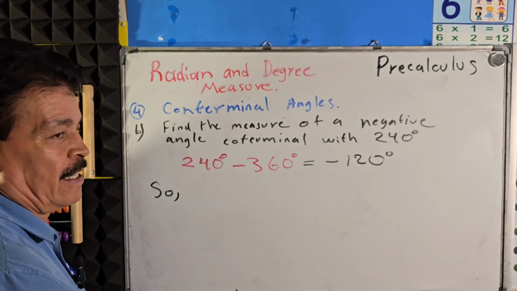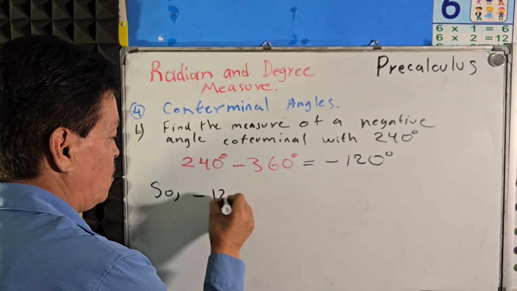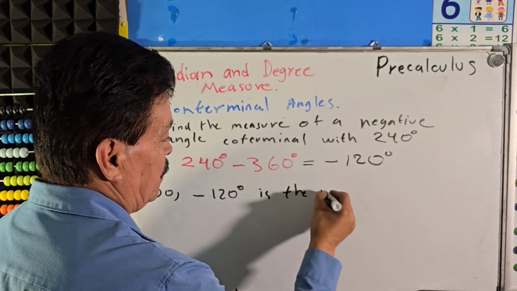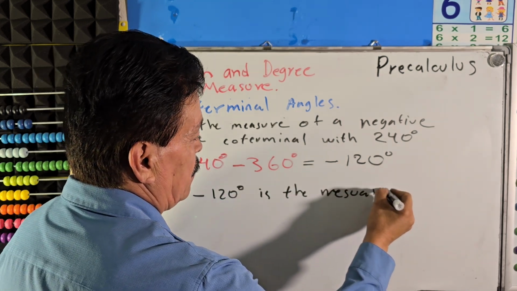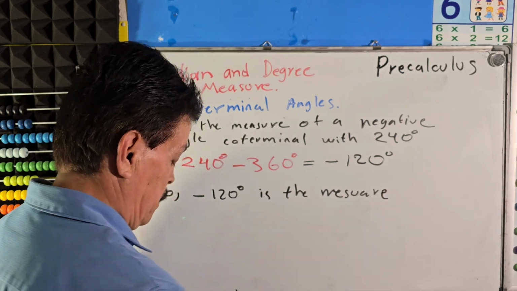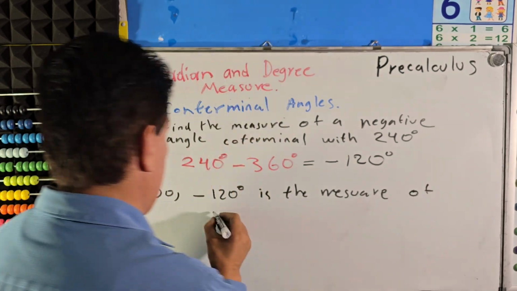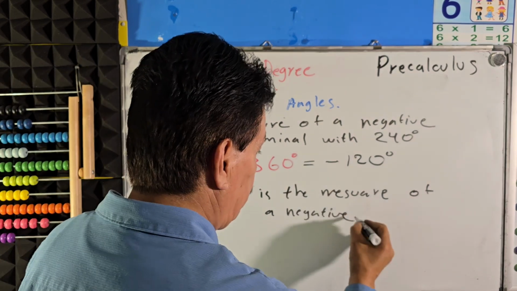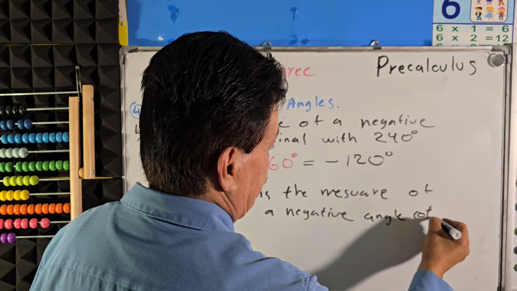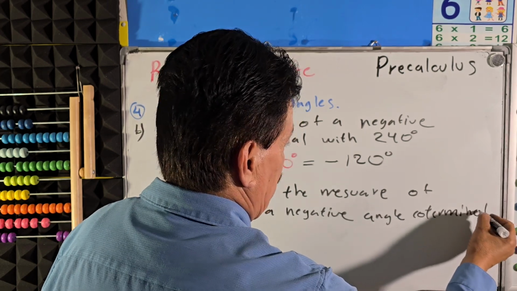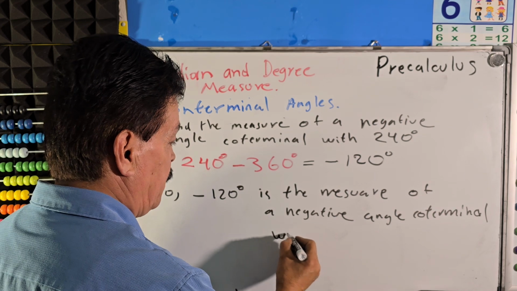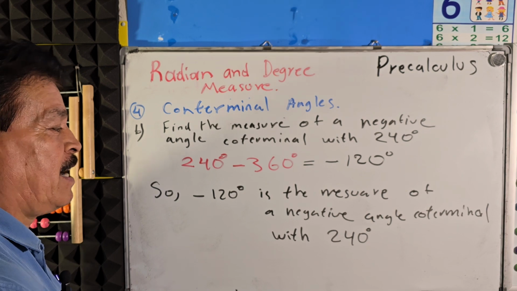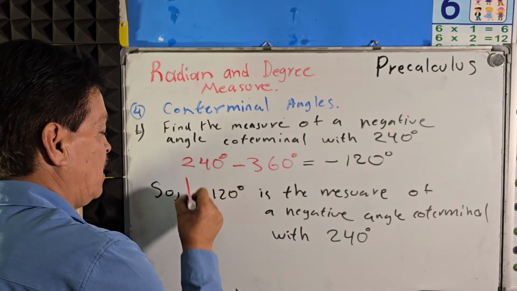So negative 120 degrees is the measure of a negative angle coterminal with 240 degrees. That's the answer. Got it?